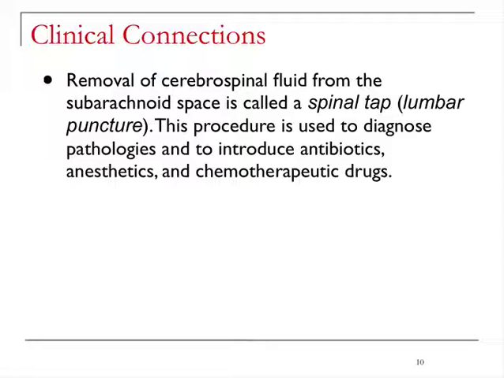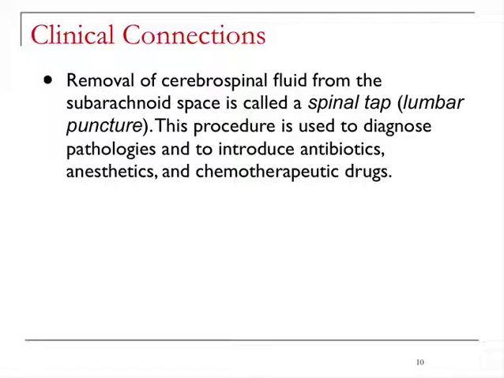This will increase the distance between the spinous processes of the vertebrae so that a needle can be inserted into the subarachnoid space. The spinal cord ends around the second lumbar vertebrae. However, the spinal meninges extend to the second sacral vertebrae. Between the vertebrae L2 and S2, the spinal meninges are present, but the spinal cord is absent.